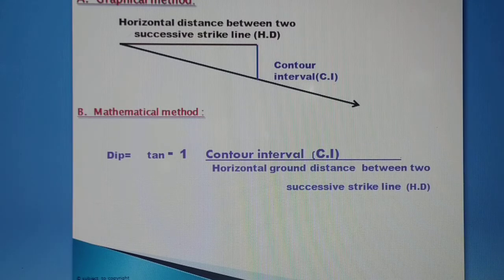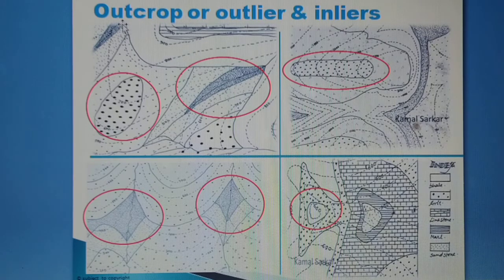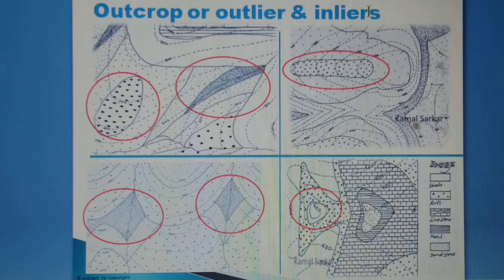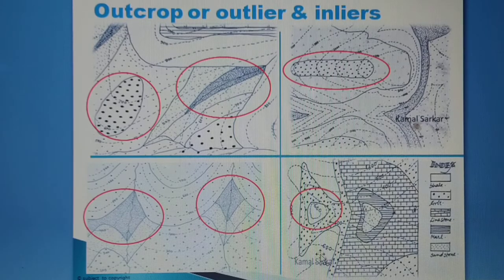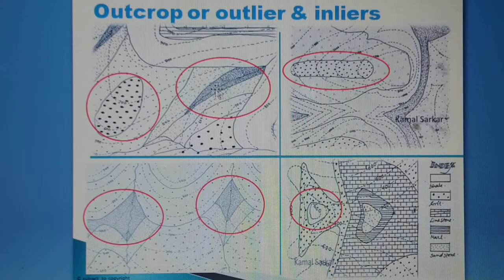Okay, so now I am showing you some special features which lie on the geological map. Here I have written outcrop, outlier and inliers. So these are the outcrops. Here this one is outcrop, this one is also outcrop, whereas this is actually inlier.